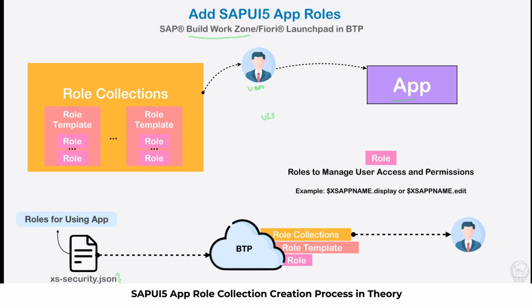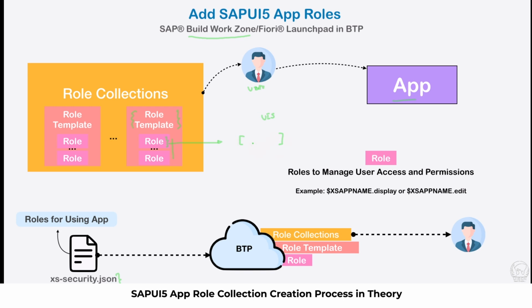Now the basic unit is a role, and these roles can be like a user of the application or an admin of the application. When multiple roles are combined, you can create a role template out of these roles, so you can say an array of roles.